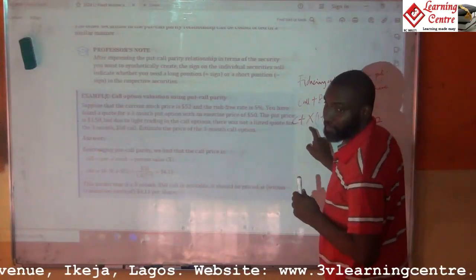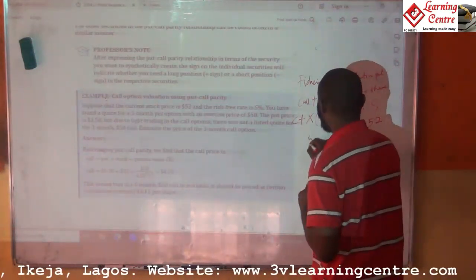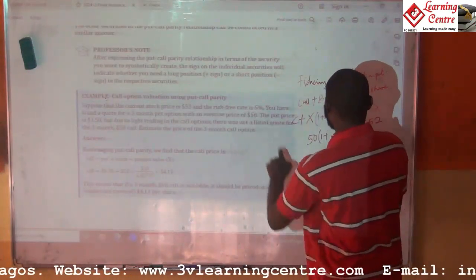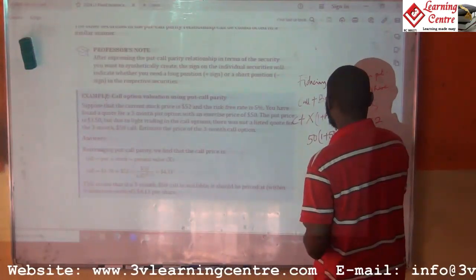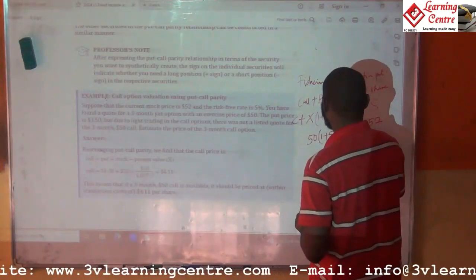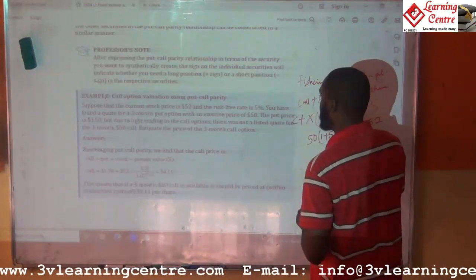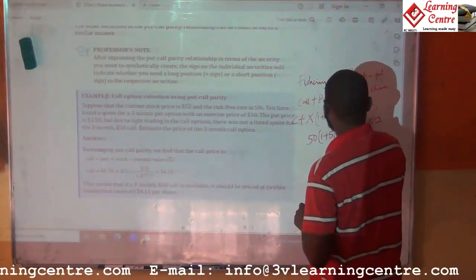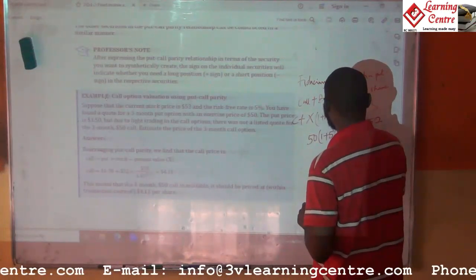So our exercise price is 50, so 50 times 1 plus, what's our risk-free rate? 5%, raised to power minus 3 over 12.